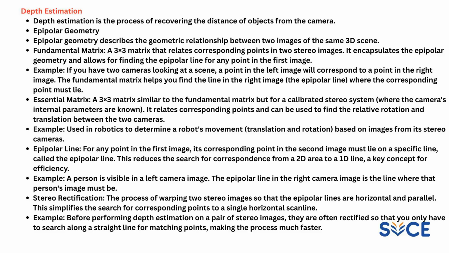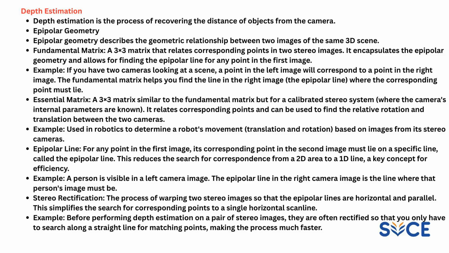The fundamental matrix tells you exactly where that line is. This reduces the matching problem from searching everywhere in 2D to just searching along this 1D line. And that's a huge speed up for depth estimation.